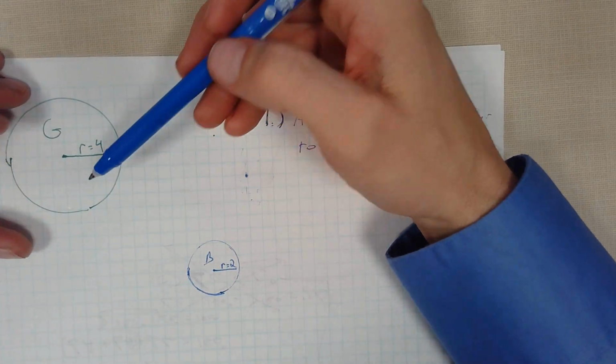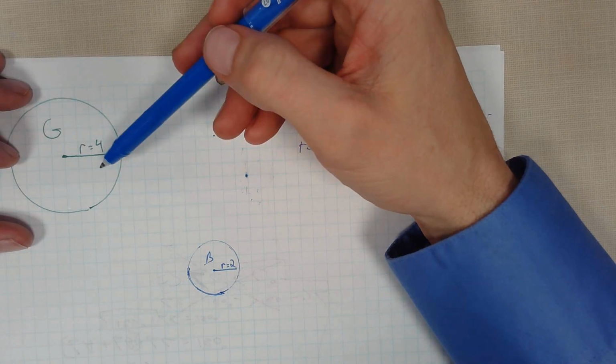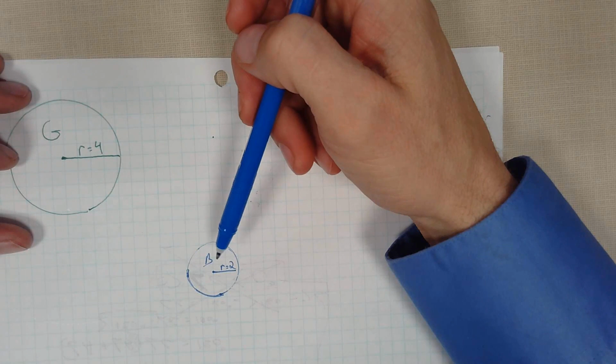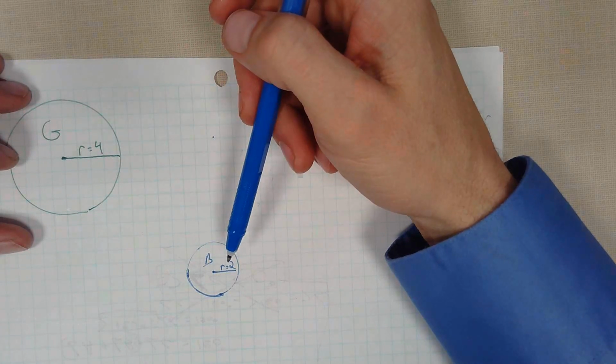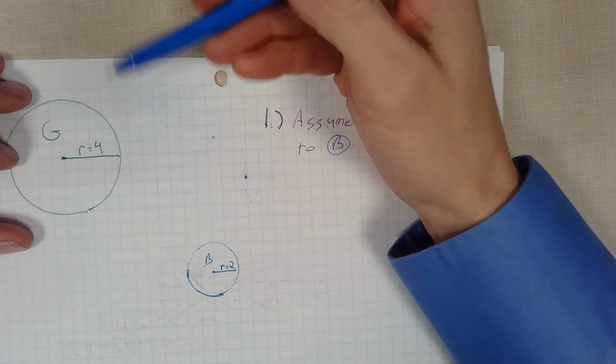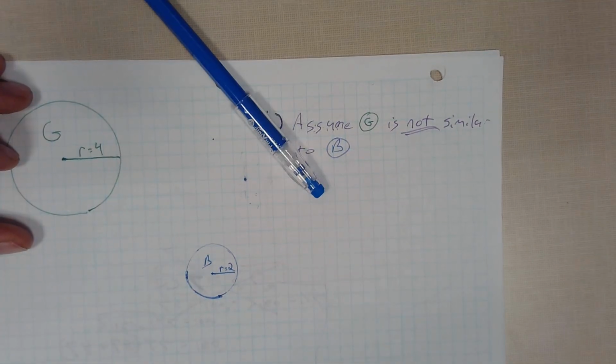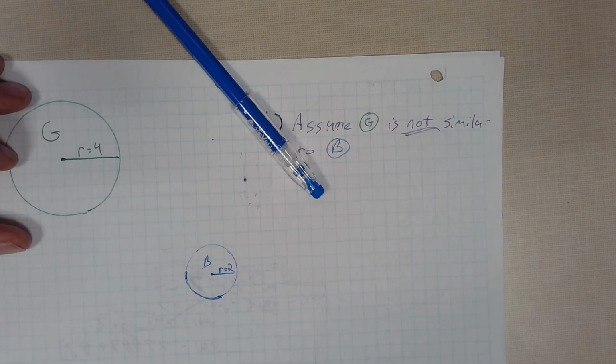The only things that we could compare are the radius, the diameter, and the circumference. Okay, so let's compare those. Let us compare the radius and circumference.